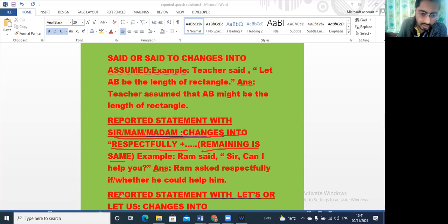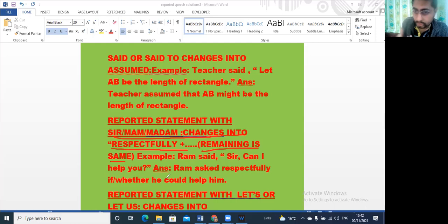Just like here, if we see sir, madam or ma'am in the reported statement, then we have to use respectfully. When sir, ma'am or madam is used for respecting others, it is full of etiquette, greeting, politeness and morality.